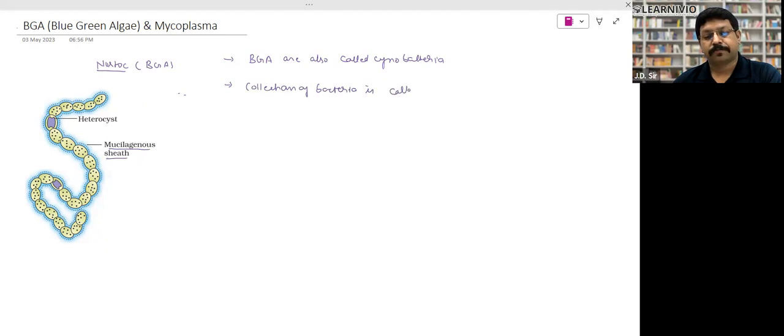A colony of bacteria. Bacteria can never be multicellular because there is no protoplasmic interconnection.